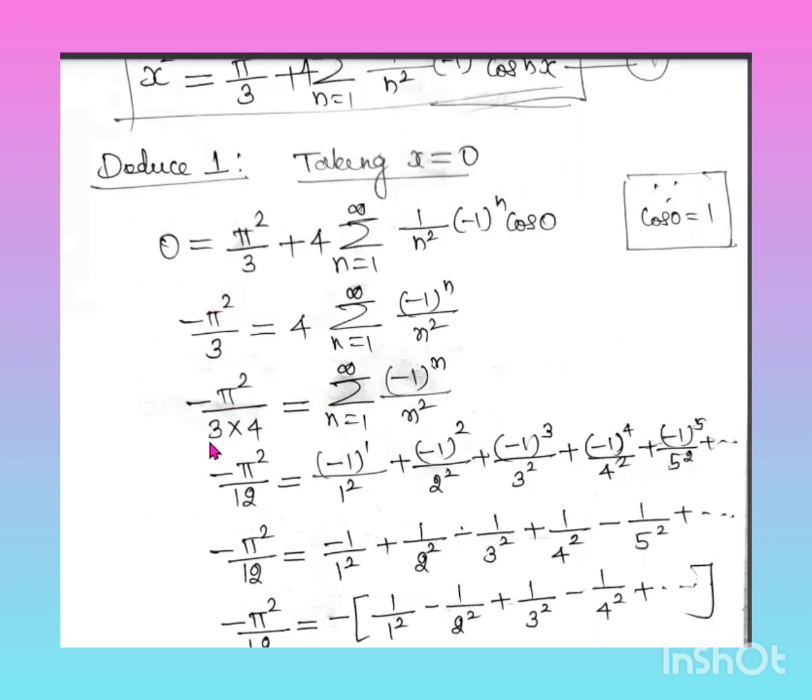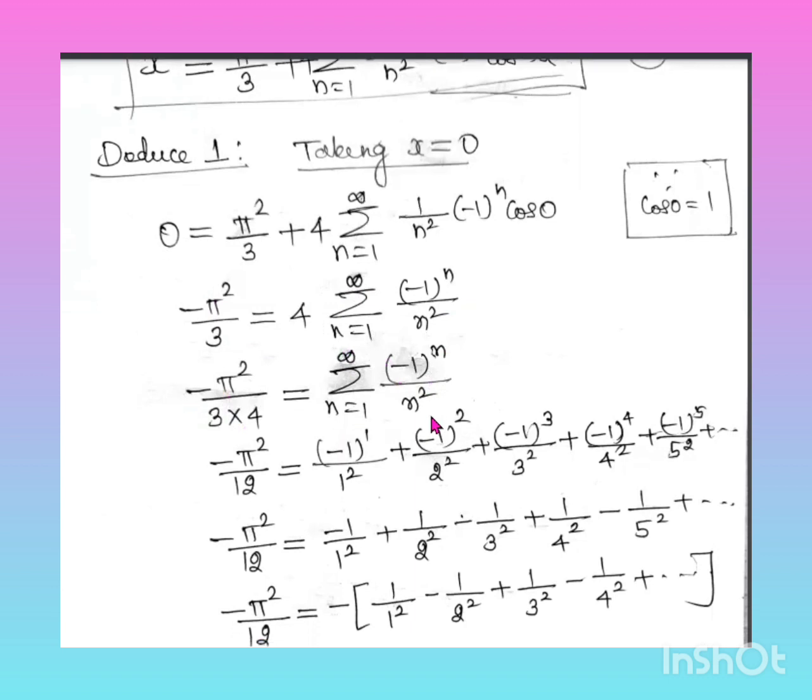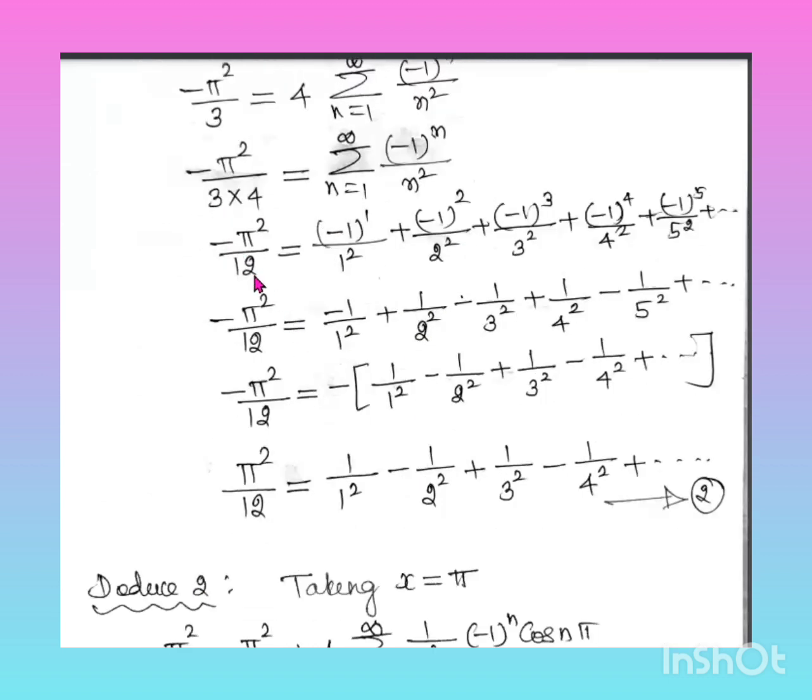Minus pi square divided by 3 into 4: this 4 you have to write in the denominator, which is equal to summation n equal to 1 to infinity minus 1 power n divided by n square. So minus pi square by 12.